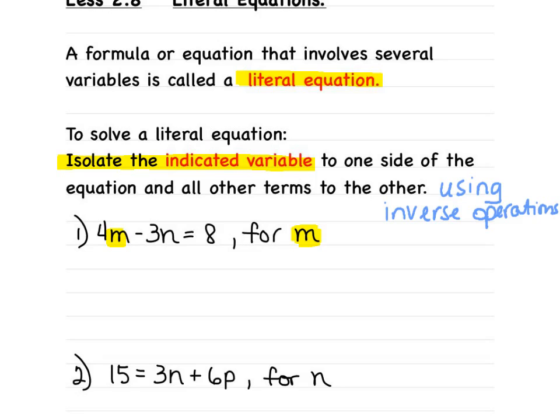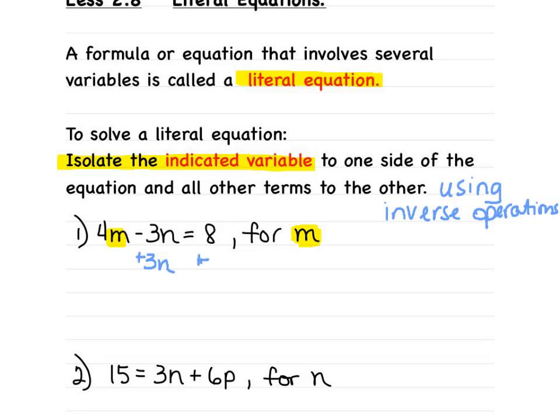Okay, so I'm going to look at my equation and I realize that 4 is multiplying m and 3n is being subtracted. So the first thing I have to undo is this minus 3n, and the inverse operation is plus 3n. Whatever I do on one side of the equal sign, I must do on the other.